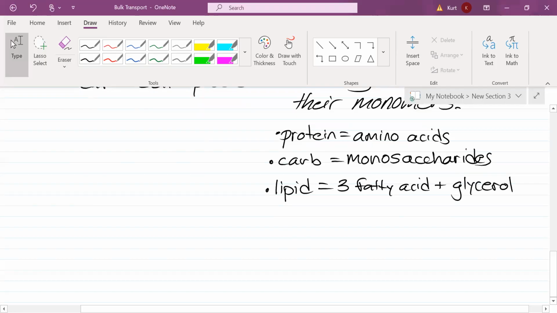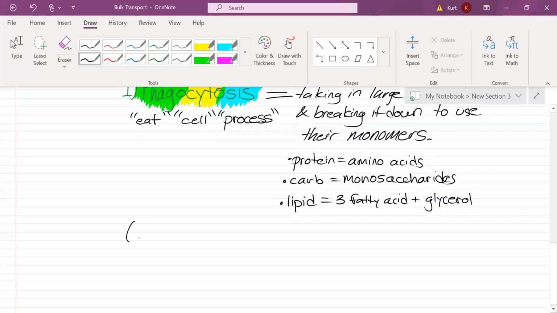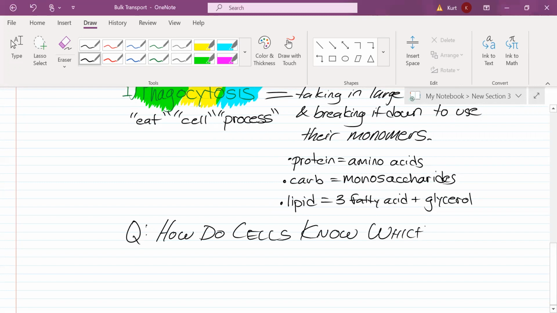So I have a question for you. The question is, how do cells know which proteins to get?